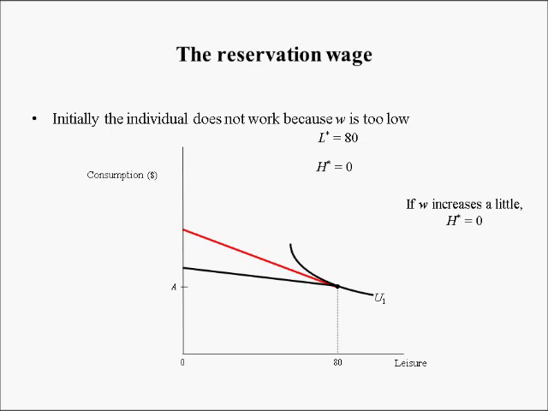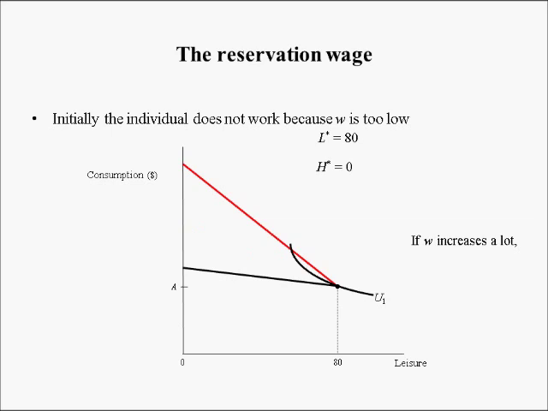Because as soon as you raise the wage on that red budget line to a wage like that amount, this wage is really large. Now the person starts working. This person begins working 10 hours a week. So the slope of the indifference curve that passes through the endowment point right here, we call that the endowment point because each person is endowed with 80 hours that he or she can use for work or leisure and an allowance of $80.